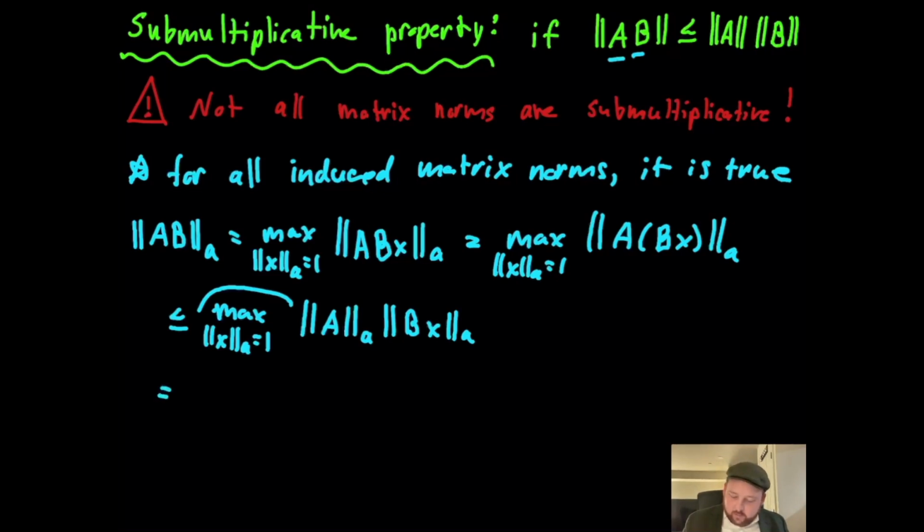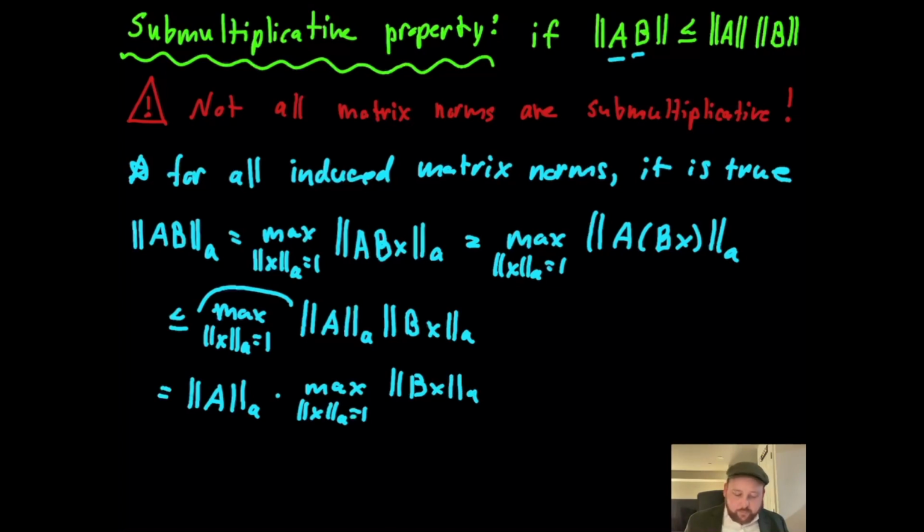This gives the induced A norm of A times the maximum over all vectors of A norm 1 of the A norm of Bx.